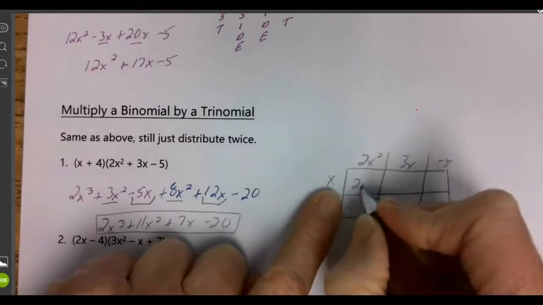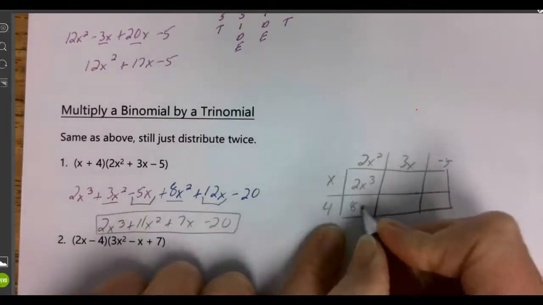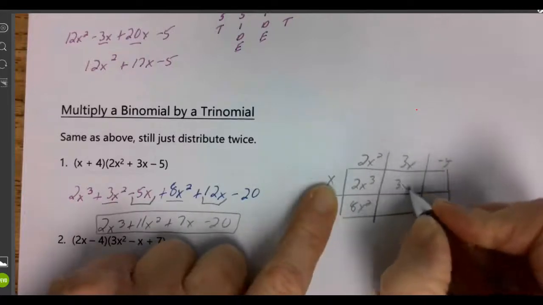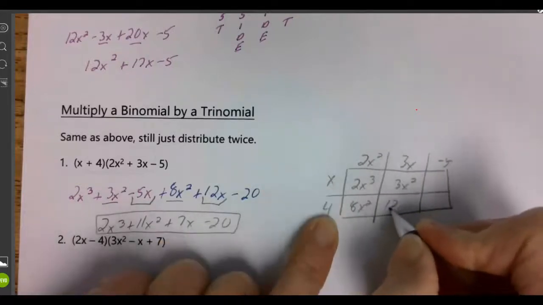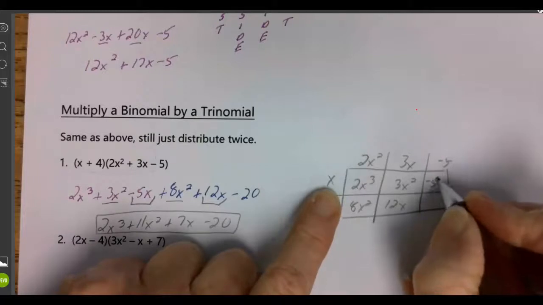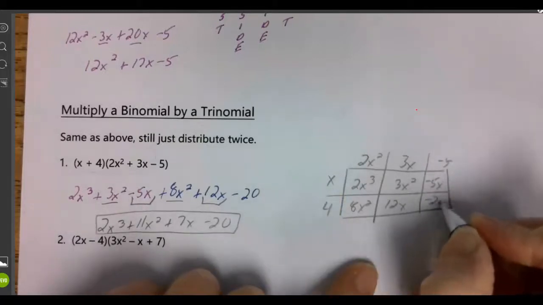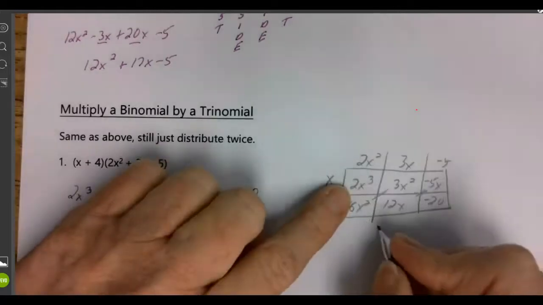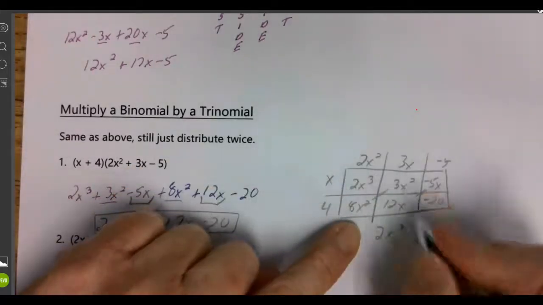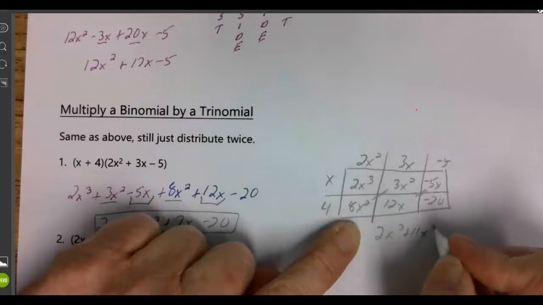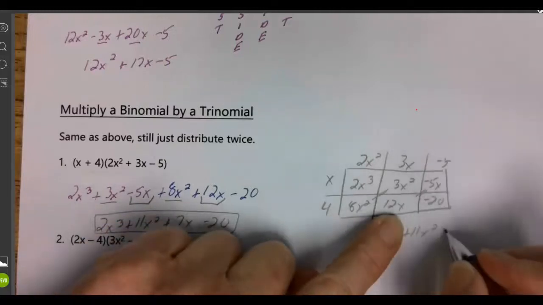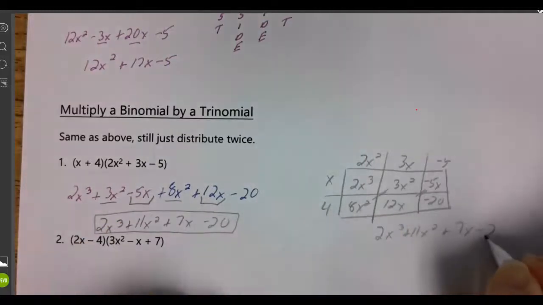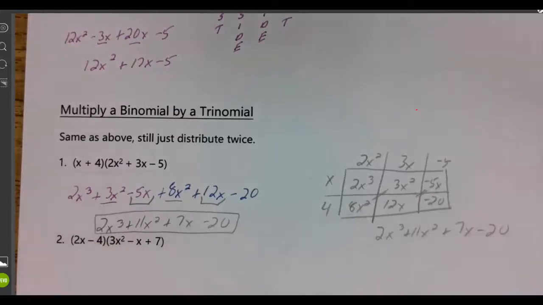So I get 2x cubed, 8x squared, 3x squared, 12x, negative 5x, and negative 20. But this time, these are going to add, and these are going to add. So 2x cubed plus 11x squared plus 7x minus 20. And notice we get the same answer.